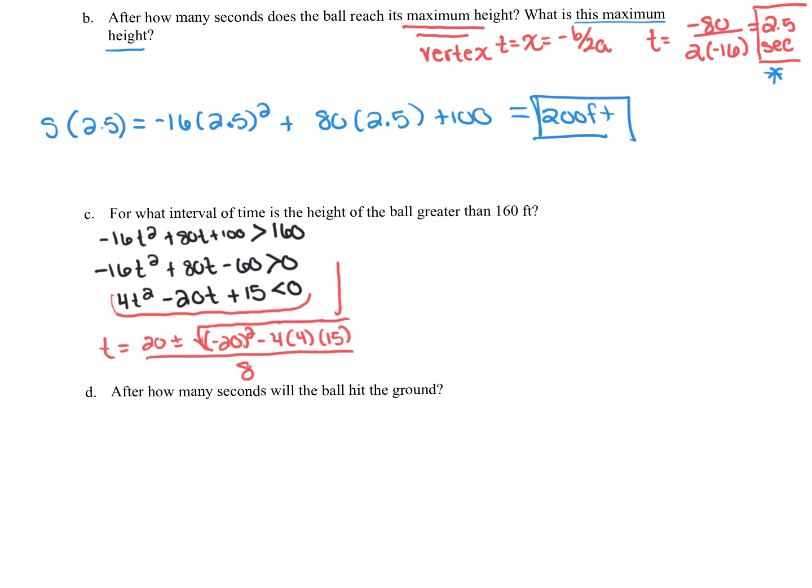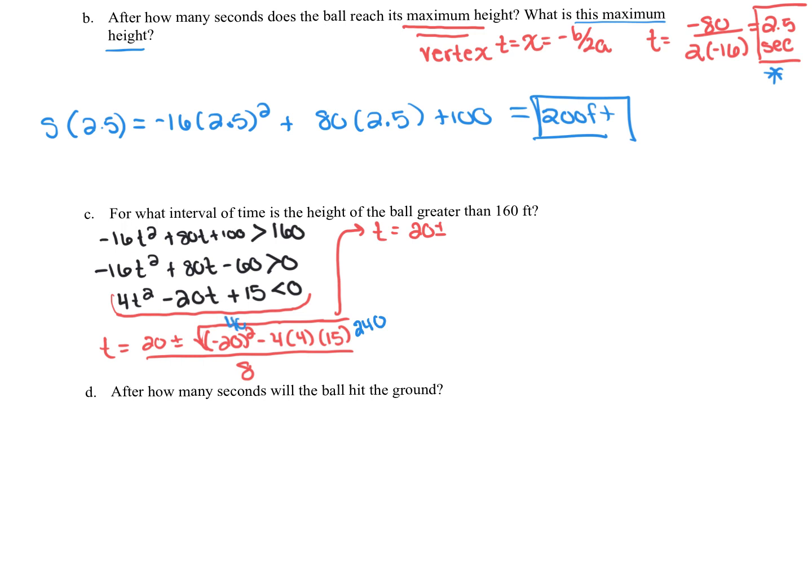Okay, so now I'm going to simplify it. t is going to equal 20 plus or minus the square root of 20 squared, which is 400, minus 4 times 4 times 15. 4 times 4 is 16, 16 times 15 is 240.